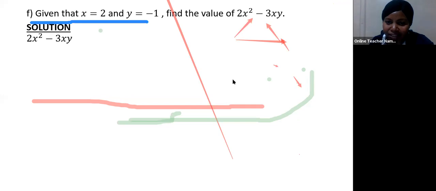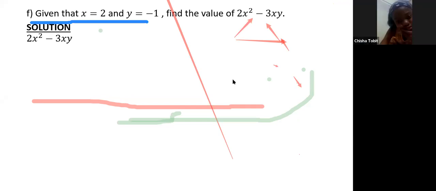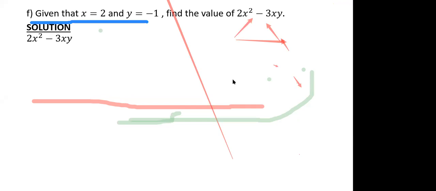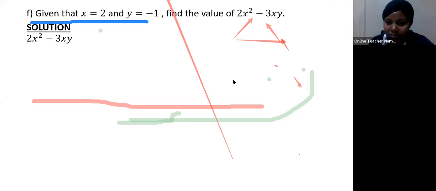The brackets are there to separate. Because sometimes you can have a minus sign, and sometimes you can have a negative. There's a difference between a minus and a negative. A minus is an operation. A negative is a sign. Okay?